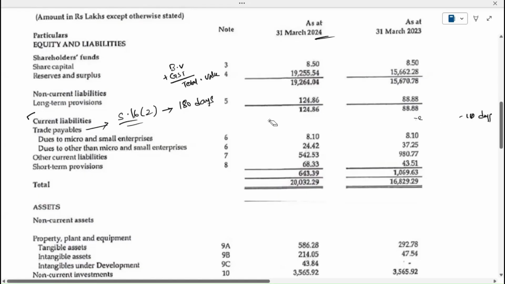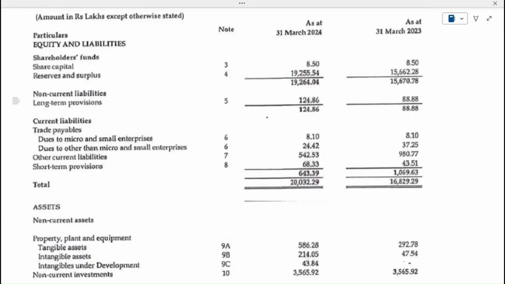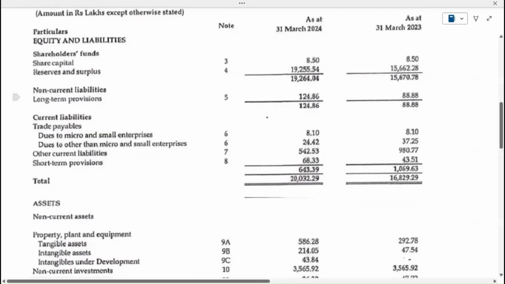So here we are trying to understand our balance sheet from the GST officer's point of view, what they would be interested to call for or look for. Then moving further, trade payables, then other current liability. Now this other current liability is where, suppose if I have advances, let's take example.